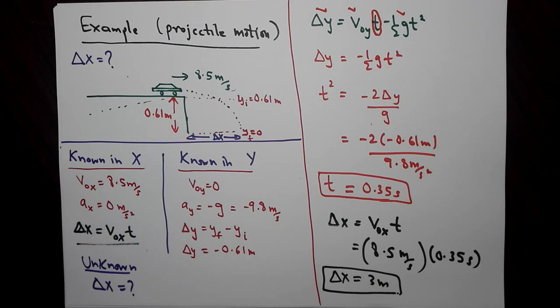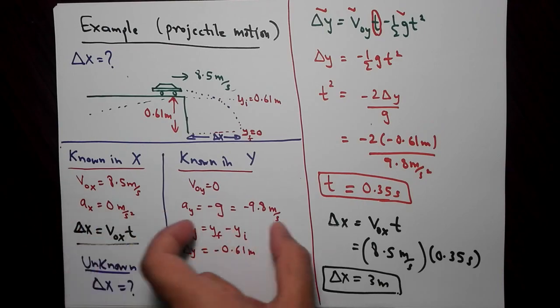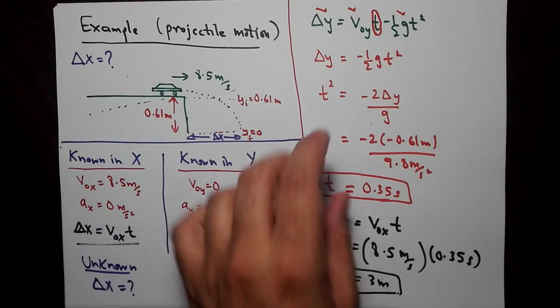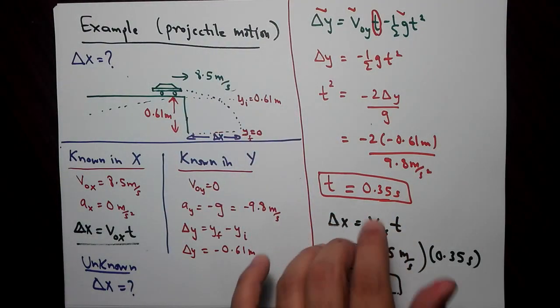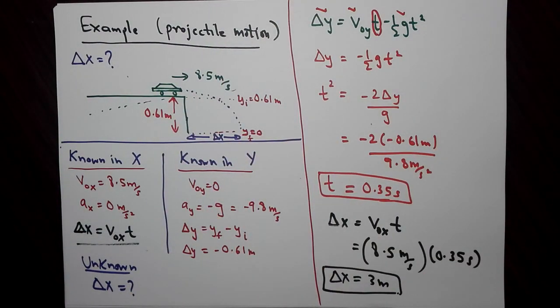We will solve more problems in later videos. This was just a first example of projectile motion. But I will emphasize that if you are doing this for the first time, make a table of what you know in the x and y, write down the equations, and tick mark what you know, circle what you don't know to figure out which equation to use. That's a strategy that will help.